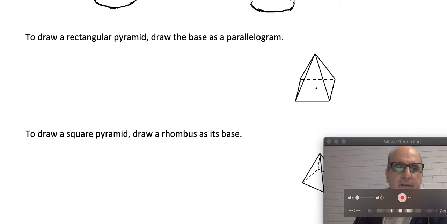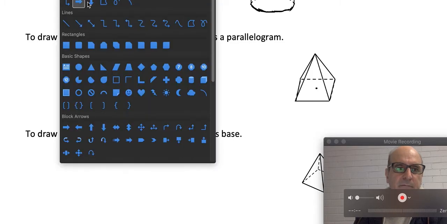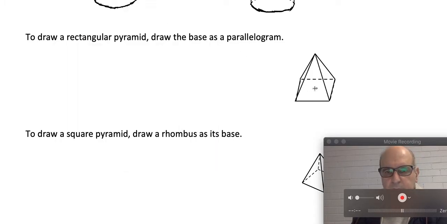Then go up vertically by whatever the height is, like this. Then join all the corners of this parallelogram to that point. So as you can see, I've connected this to that point, this corner to that point, this to that point, and this to that point. That is how you draw a pyramid.